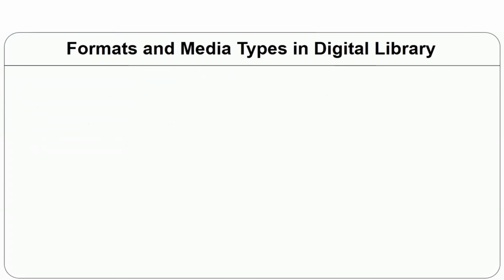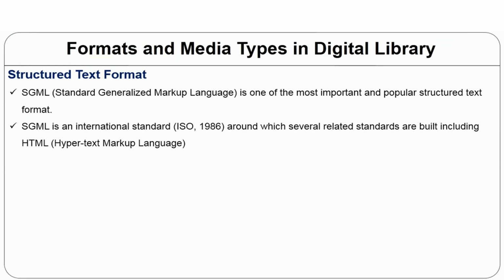Then Standard Generalized Markup Language, SGML, is one of the most important and popular structured text formats. And this HTML is actually defined from SGML. SGML is the international standard by ISO, which led to HTML, hypertext markup language, which is the basis of your web page. So browser and HTML make the complete web page available.